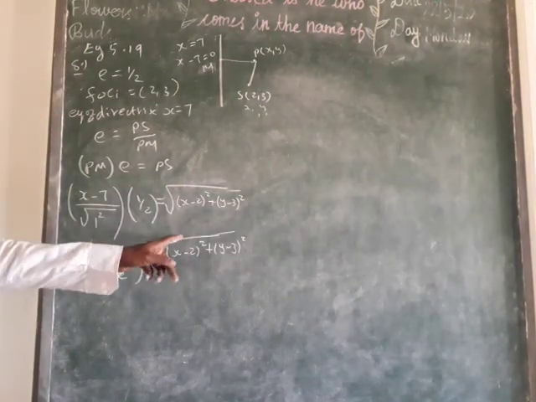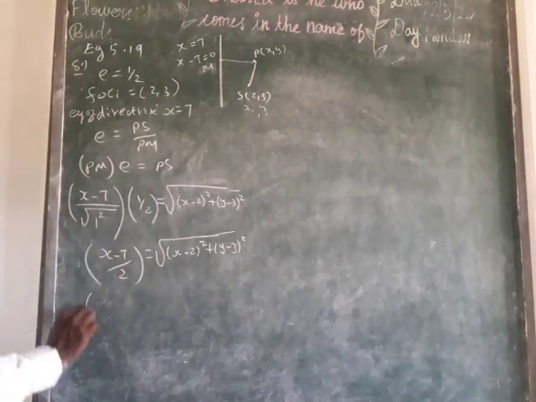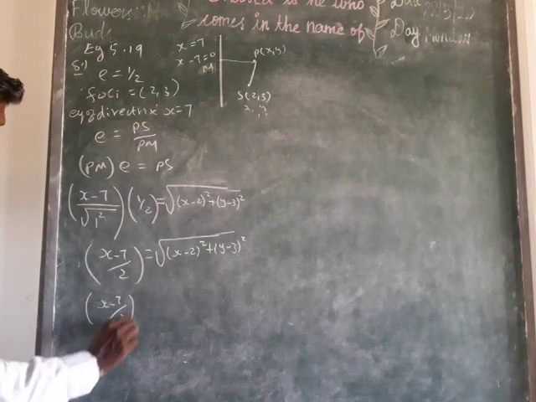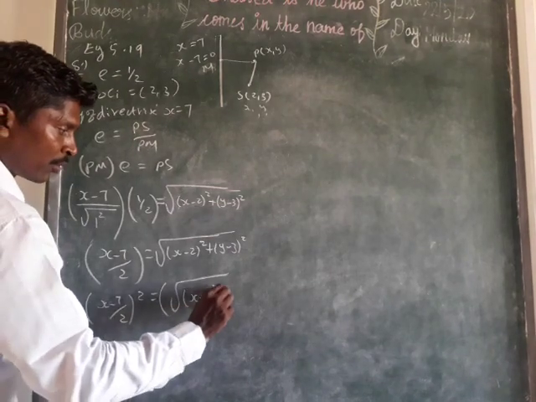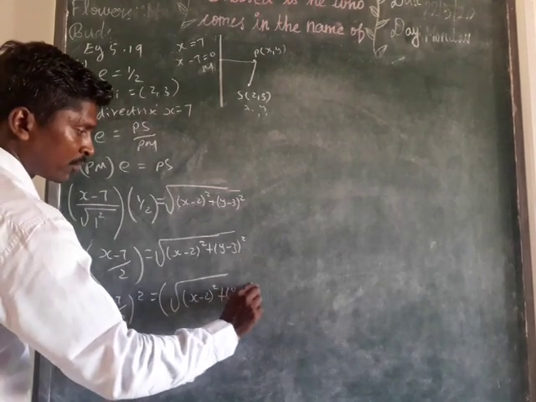You can take either order, 2 minus x and 3 minus y, no problem. The square root of 1 squared becomes 1, then multiplying gives x minus 7 by 2 equals the square root of x minus 2 squared plus y minus 3 squared. Taking square on both sides: x minus 7 by 2 the whole square equals x minus 2 the whole square plus y minus 3 the whole square.